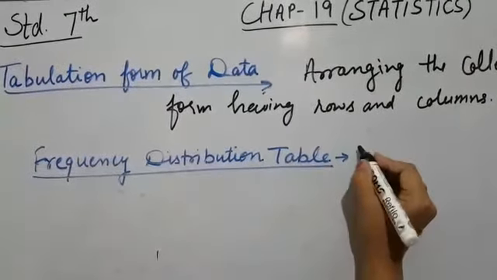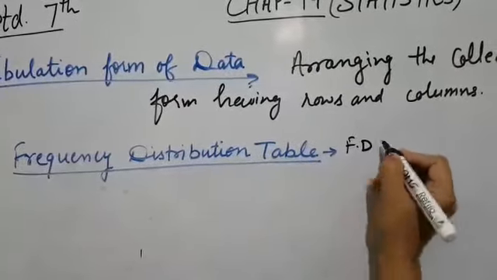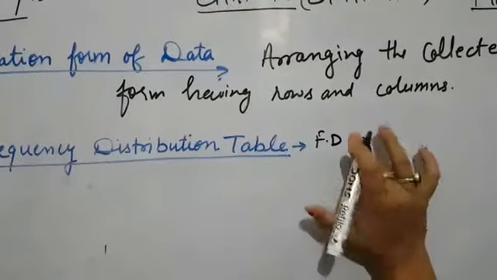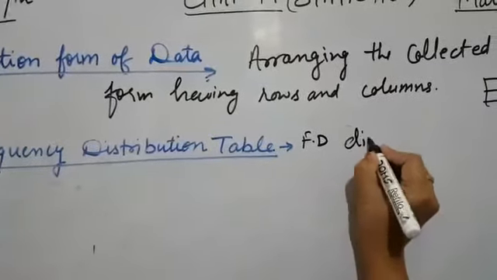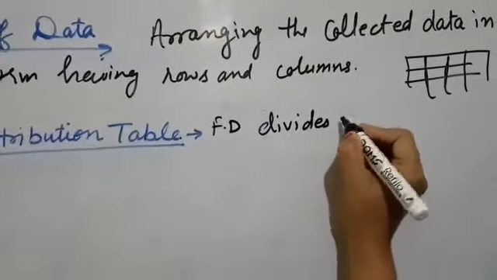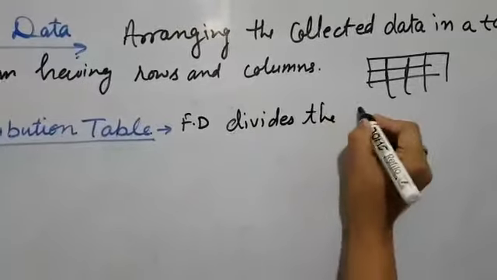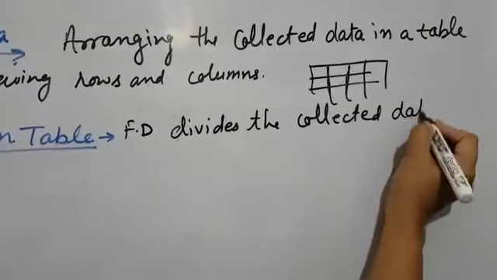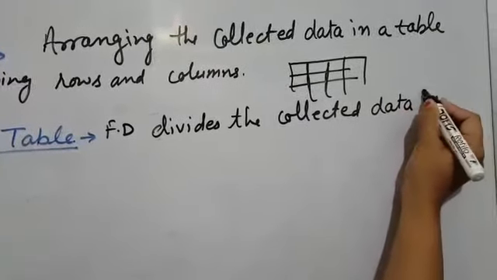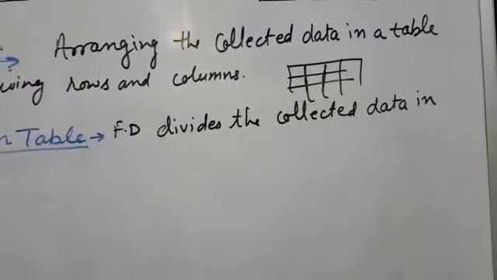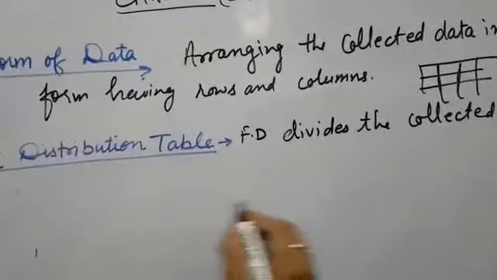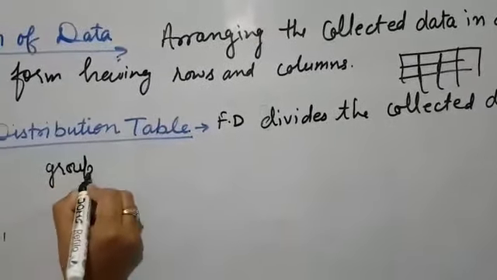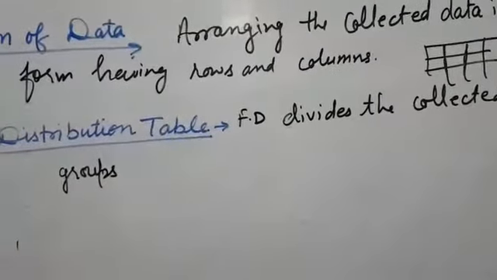Frequency distribution table is shortly called FD. The frequency distribution table divides the collected data into groups.